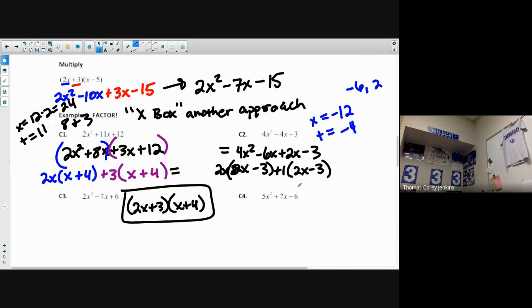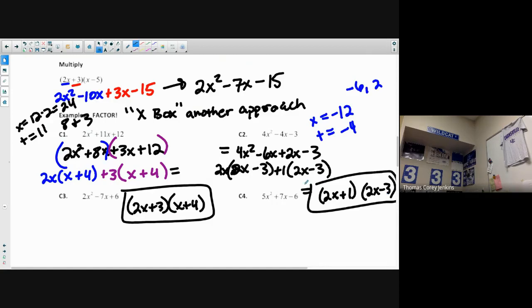That's good news. We know we did it right at that point. So my final answer is going to be 2x plus 1 times 2x minus 3. And we'll see how that shows up when it pops up. If it doesn't show up, okay, I'll rewrite it.